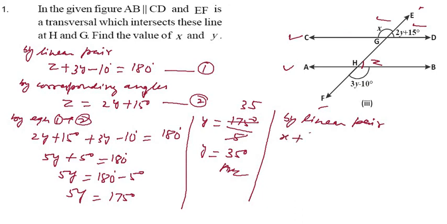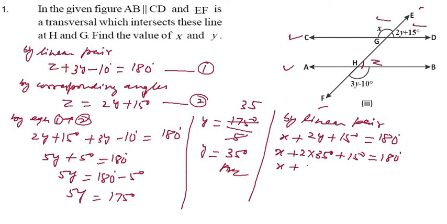So you have to write this one. So x plus 2y plus 15 is equal to 180 degrees. Put the value of y. So x plus 2 times 35 plus 15 is equal to 180 degrees. So x plus 70 plus 15, you can add this 5 and here is 7 and 1, that is 8, 85, and here is 180 degrees.